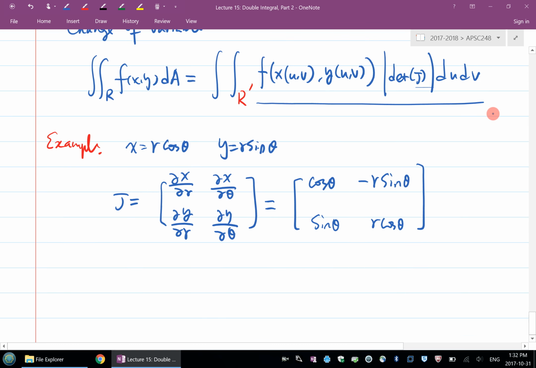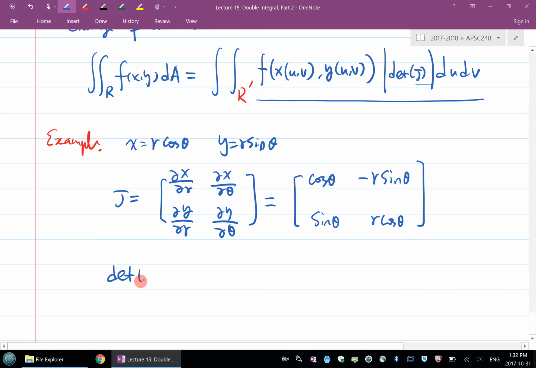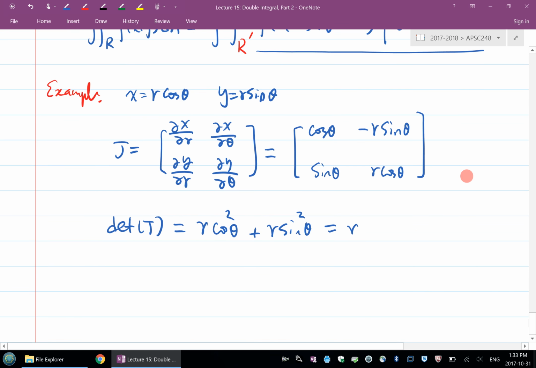Then if we calculate the determinant of the Jacobian, that's this times this minus this times this. So you get r cosine squared theta plus r sine squared theta. Take out the common factor r, so you basically get just an r. r is always a positive number, so the absolute value of this determinant is still r.